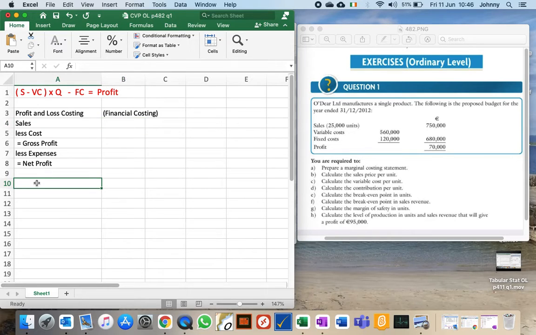So marginal costing, we start with sales. So sales, then we have less variable cost. If you think of the difference between variable and fixed cost, we'll have to deal with that here as well.